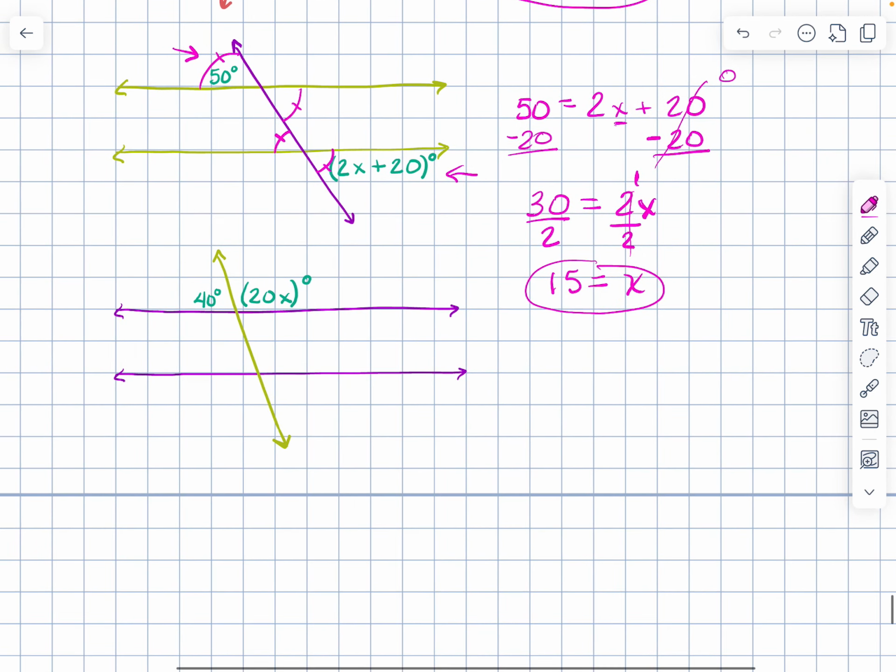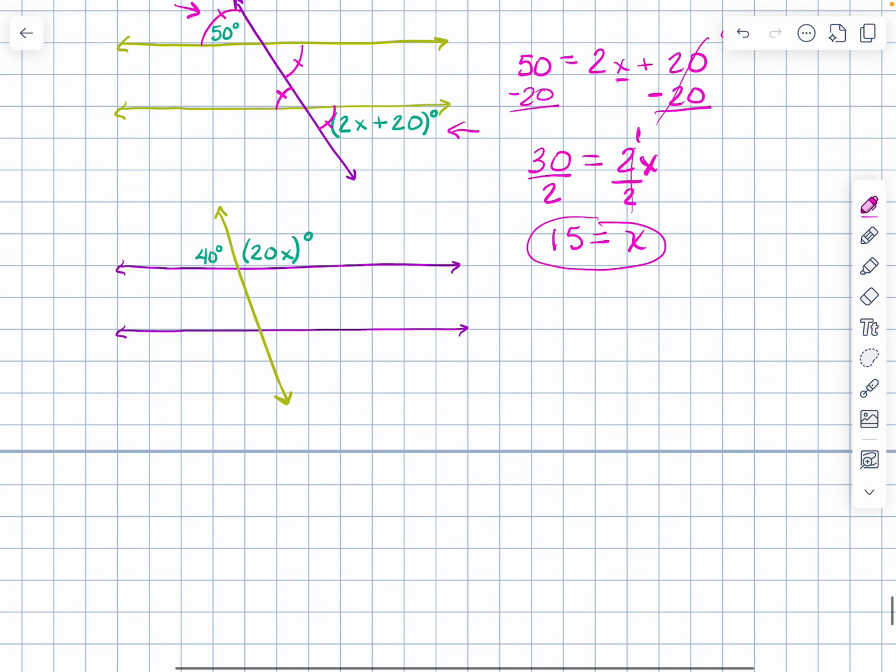Okay, and we got one more here. This one's a little different, and again we know that the degree measurement for a line is 180 degrees. Okay, 180 degrees. All right?